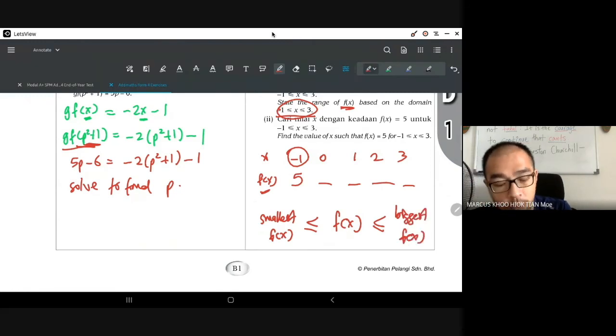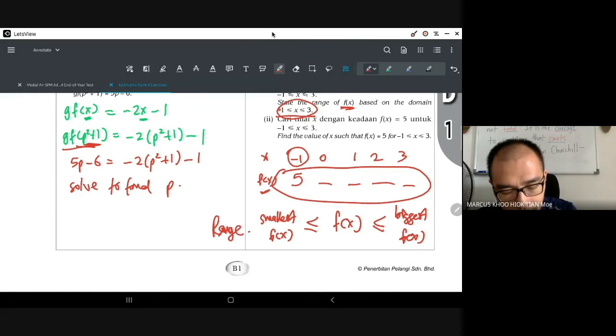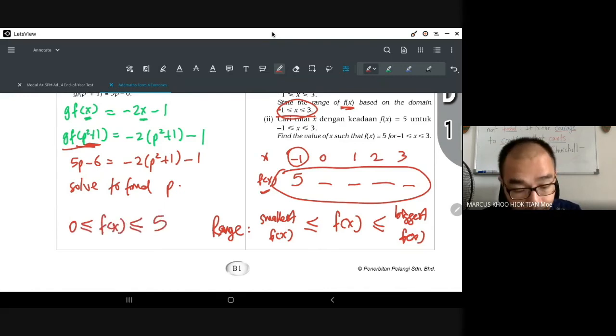I don't know which is the smallest and which is the biggest. You take a look at these five values, you substitute the negative 1, 0, 1, 2, 3, smallest f(x), biggest f(x). This is your range. How to write the answer of range, for example, 0 less than f(x) less than 5. For example, if the biggest number is 5, then 0, then 5.